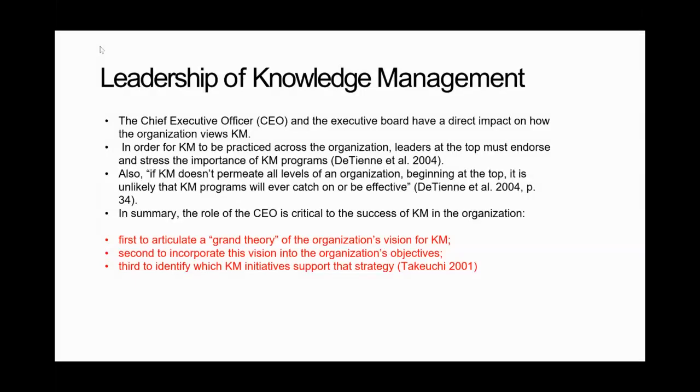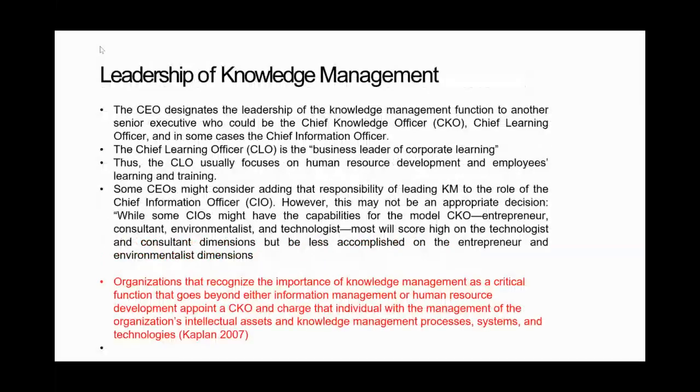Second, to incorporate this vision into the organization's objectives. Third, to identify which knowledge management initiatives support that strategy. And again, your knowledge management solution must be incorporated into the business activities. It mustn't be two separate existing things. It must be something that is smoothly integrated into your day-to-day activities of the business.